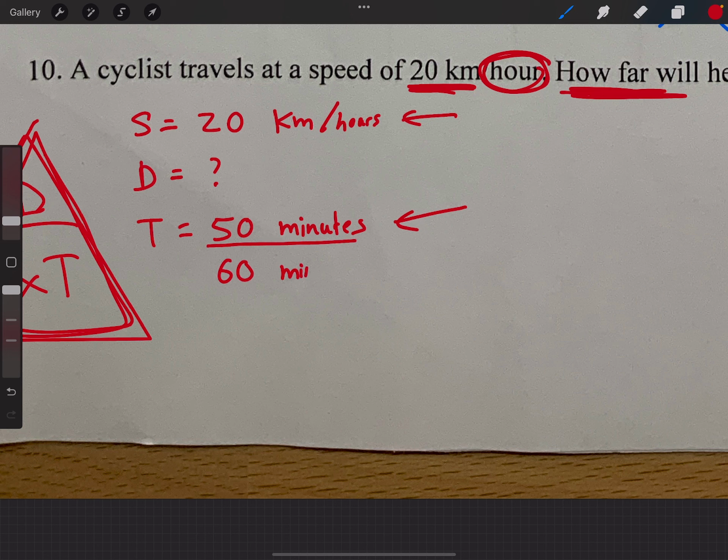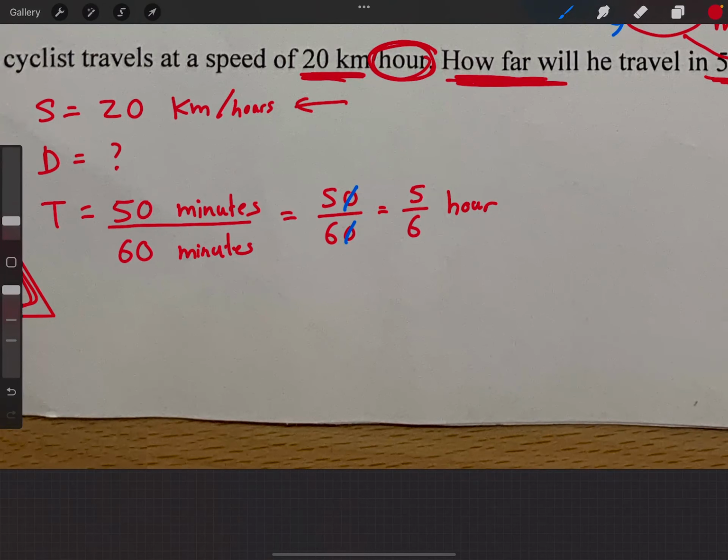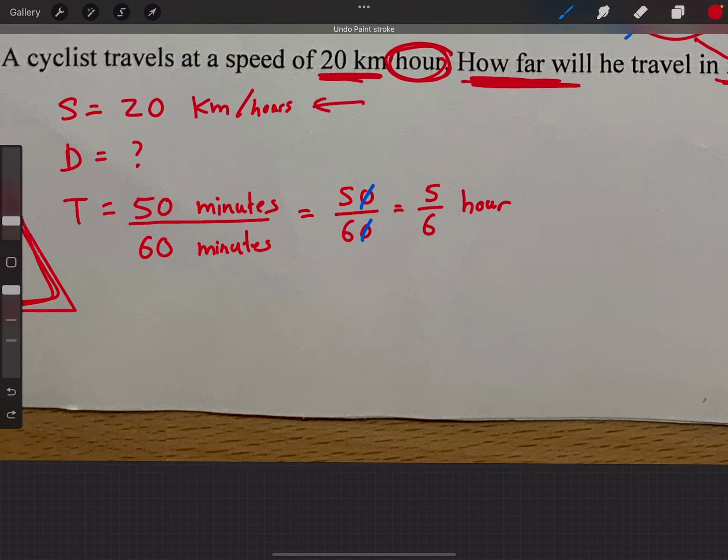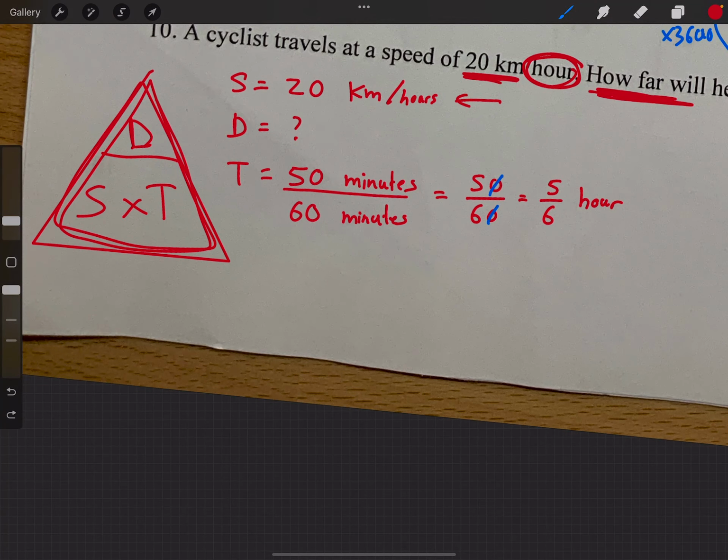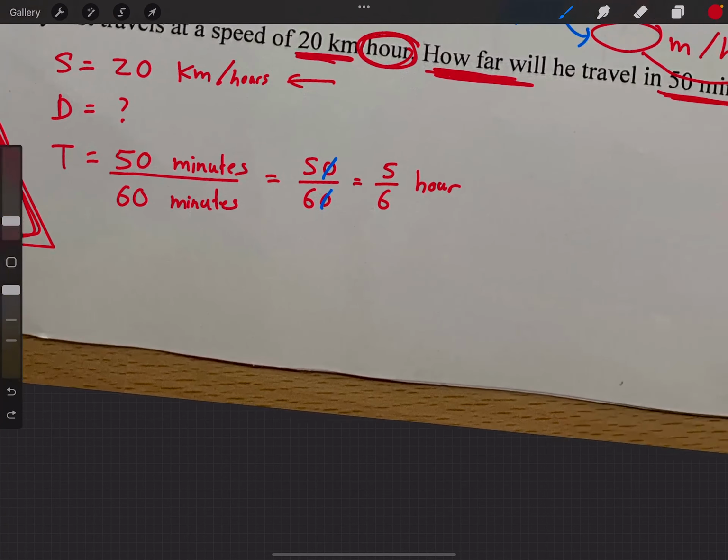So that is 50 divided by 60. Now, I can cross out the zeros, and I can see that this is 5 over 6 of an hour. Now that they're both in hours, awesome. Now we can start using this triangle and work out the distance.